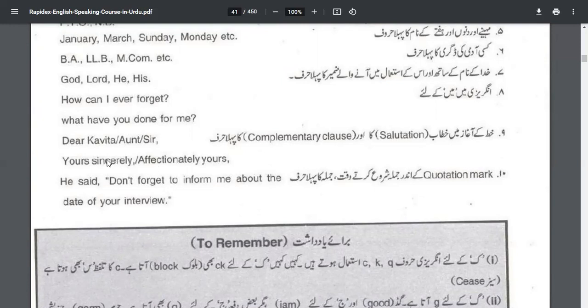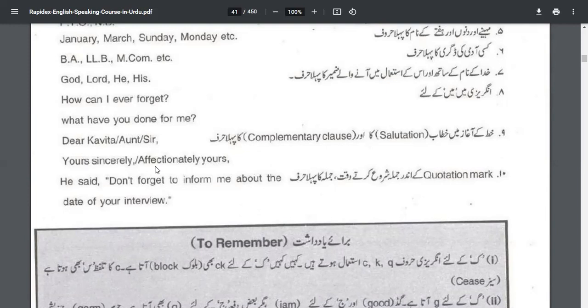When you don't mention who it is from, it's written in lowercase. Yours means whose; it is not mentioned here. So that's why S is small here. It should be Yours sincerely, not Yours Sincerely.